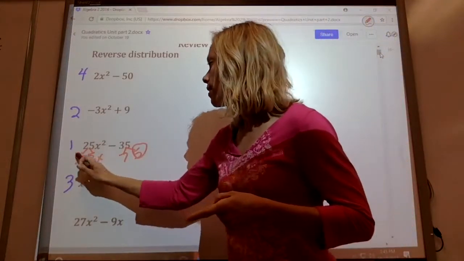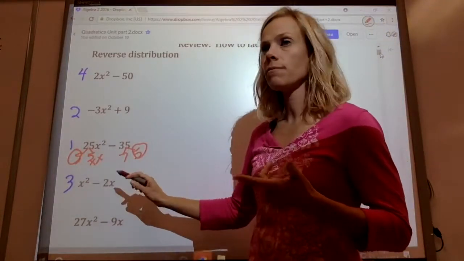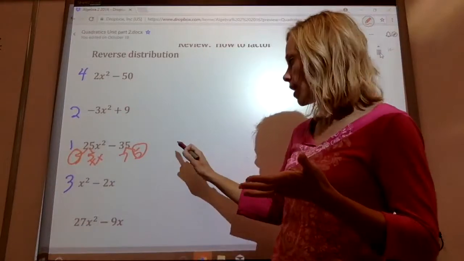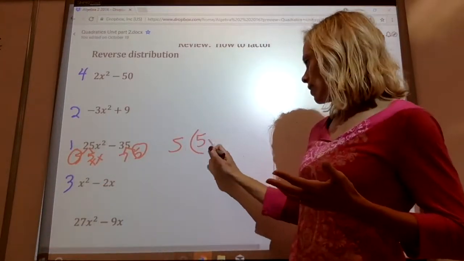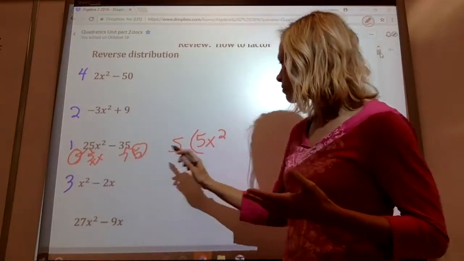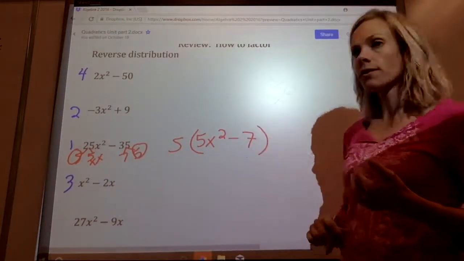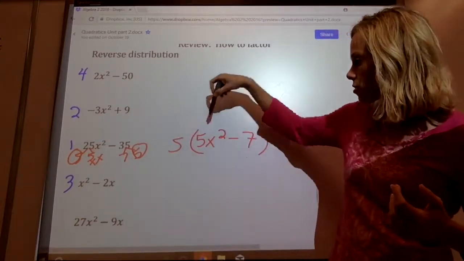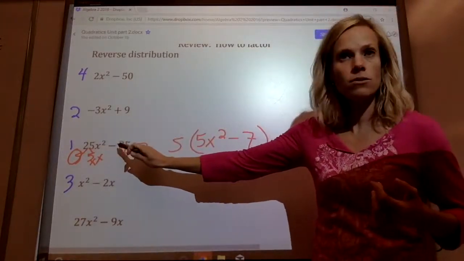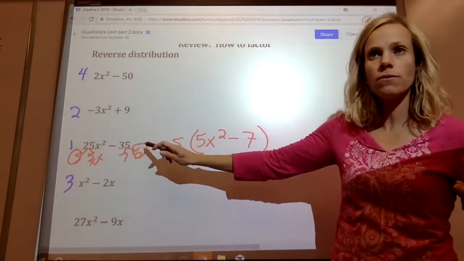A 5. Do they have x's in common? No. So the only thing I take out is a 5. What's left in my first term? 5x squared. What's left in my second term? Negative 7. Okay. So if I were to take this 5 and distribute it, I should get that as an answer, and I do. That's how you can check yourself.